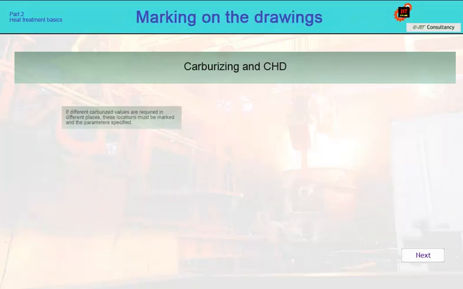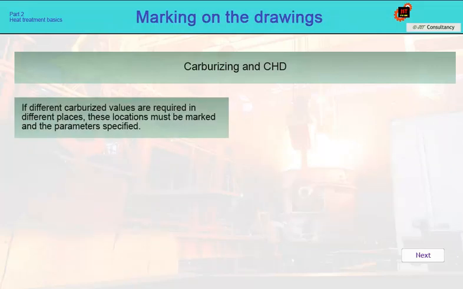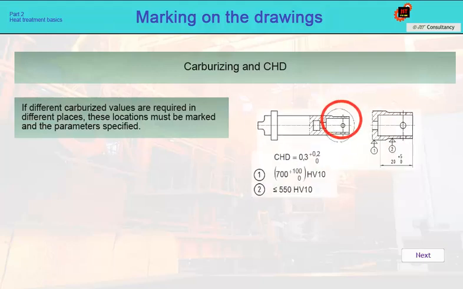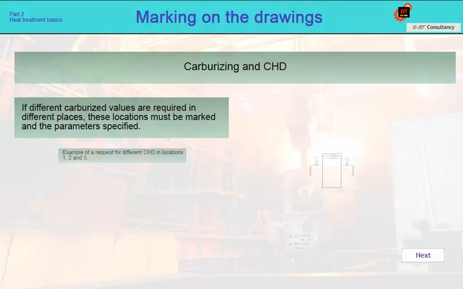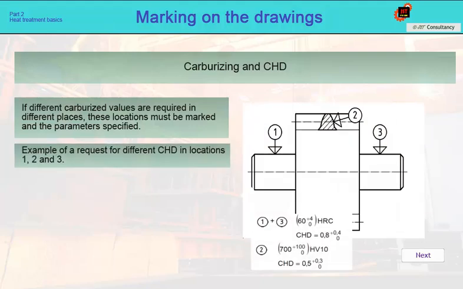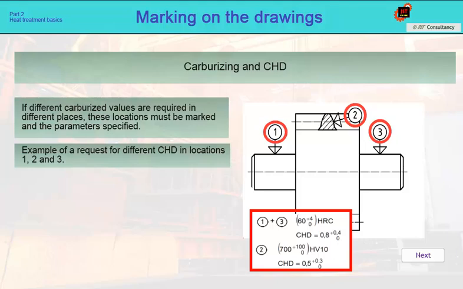If different values of carburizing are required in different places, it is necessary to mark these places and specify the parameters for them. In this case, it is assumed that the component will be tempered in area 2 with a hardness drop below 550 HV10. In the second case, an example of a requirement for different carburizing depths at different locations is shown.